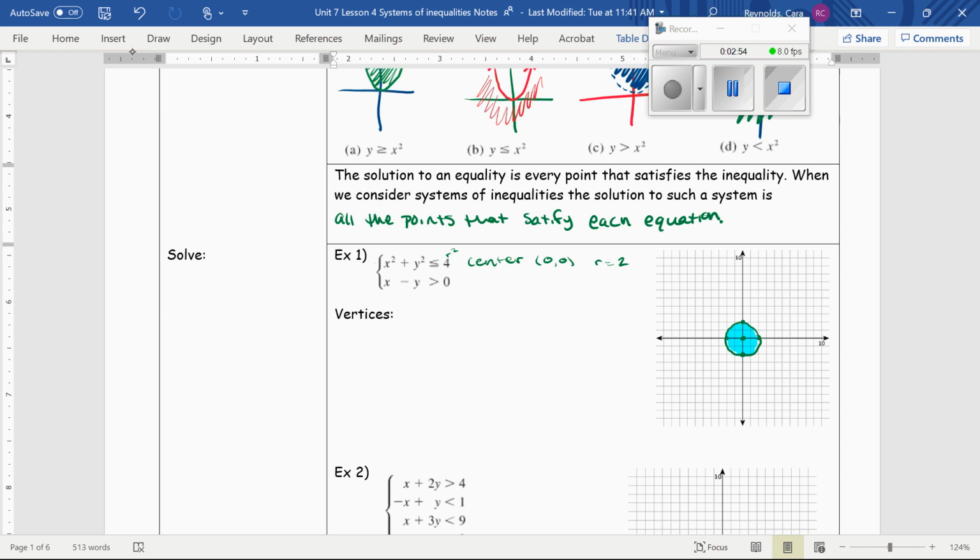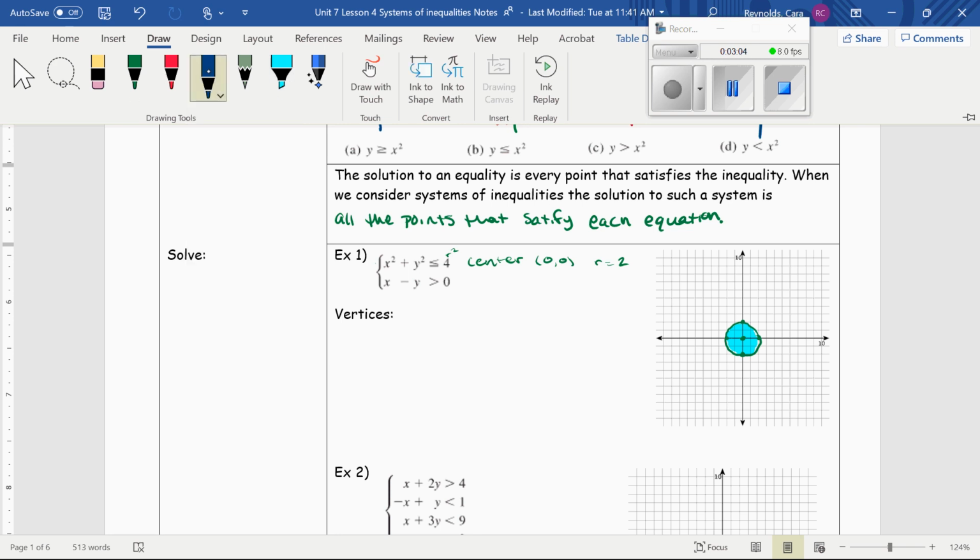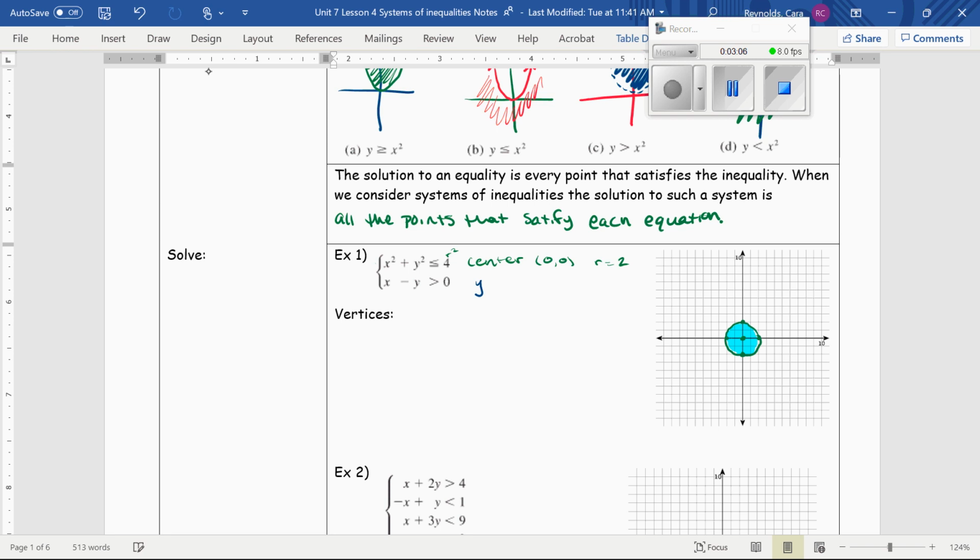Sometimes with inequalities, I wait till the end and just shade what's called your feasible region, which is where your shaded regions will overlap. The second line here, I'm going to go ahead and solve for y. So negative y is greater than negative x, so y is less than x.